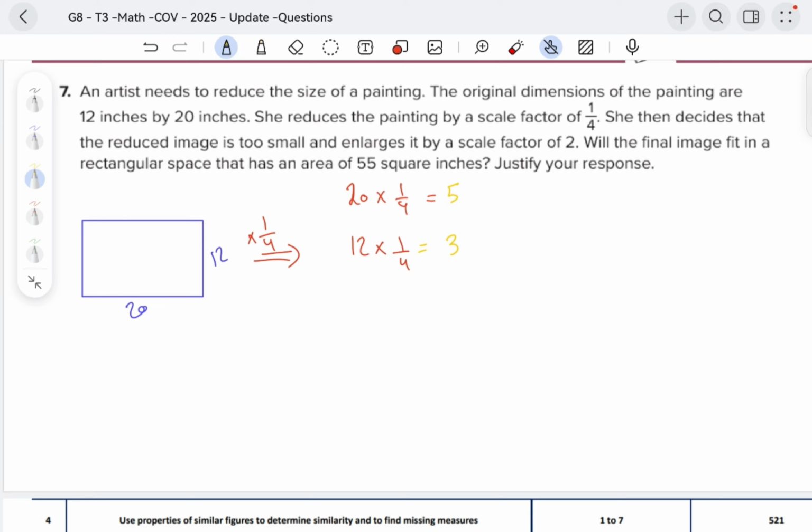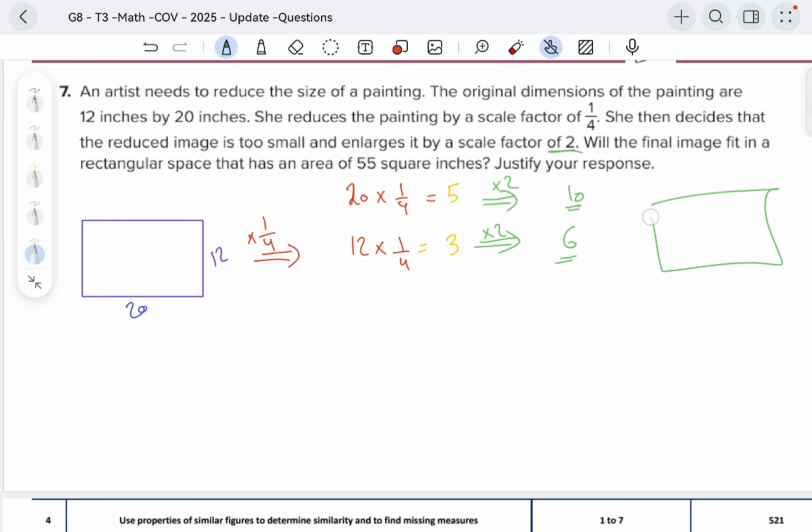She then decides that the reduced image is too small and enlarges it by a scale factor of 2. So she wants to make it bigger again by a scale factor of 2. We're gonna multiply the new dimensions with the scale factor, which is 2. 5 times 2 is 10, and 3 times 2 is 6. So the new dimensions are 10 and 6. Will the final image fit into a rectangular space that has an area of 55 square inches?